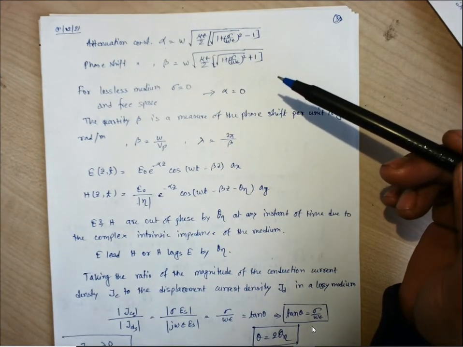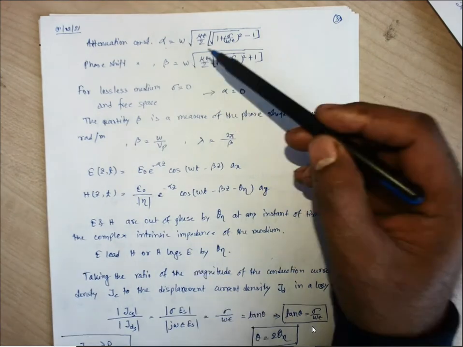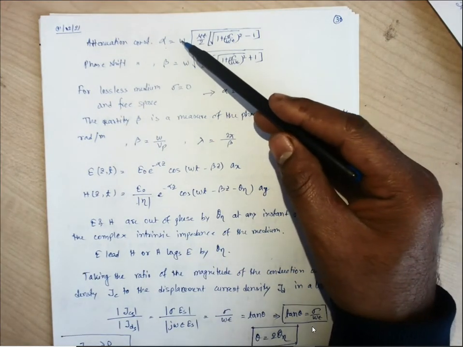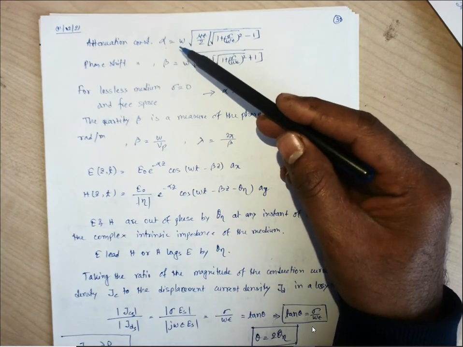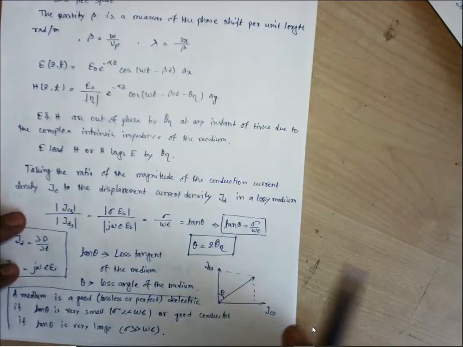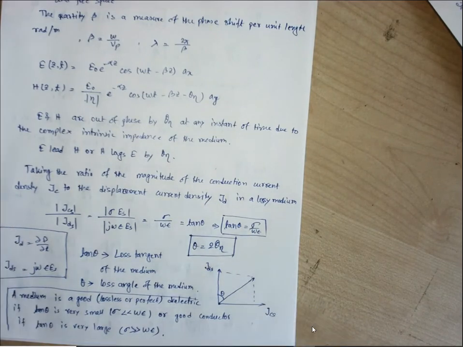So we can say a medium which is a good conductor, let us consider this omega is very small, for low frequency operation. For low frequency operation, tan theta is higher.